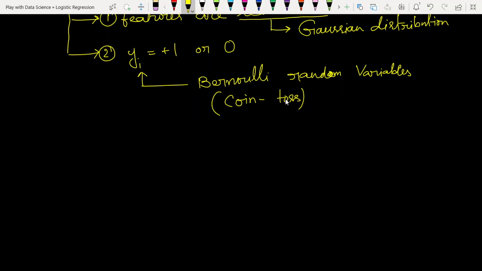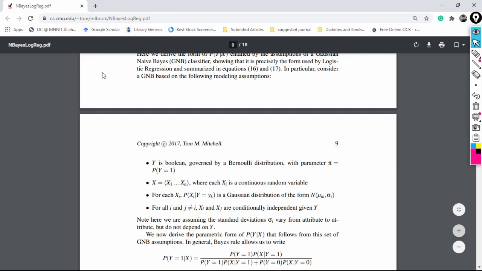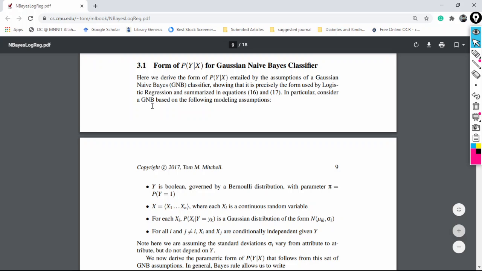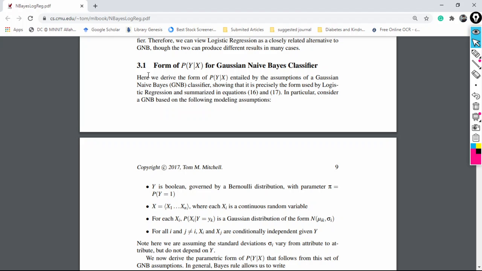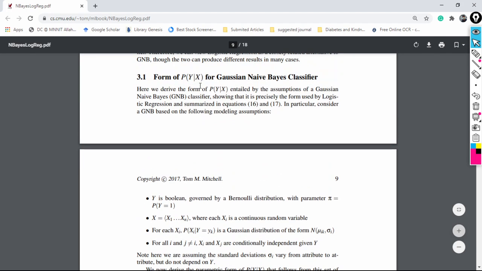Now I am using this PDF, and I am giving the link of the PDF in the description box. If you are interested, you can read this book. It is an awesome book. In this book they formulate the probability P of y given x, which is a conditional probability.